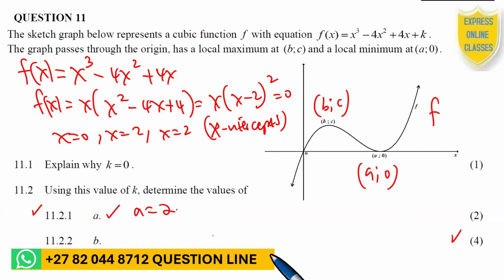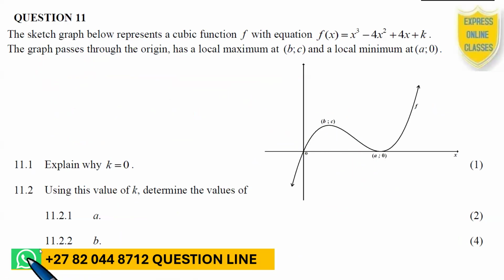For 4 marks, using the value k equals 0, determine the value of b. What is the value of b? b is here. If k equals 0, you've seen that a is 2, and this is b and c, and this is a and 0.